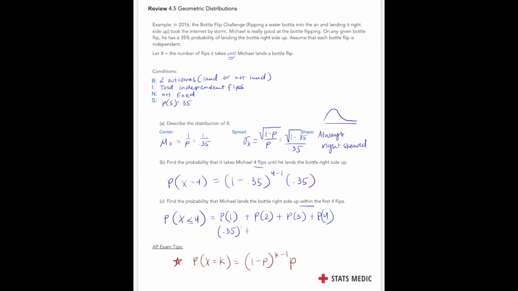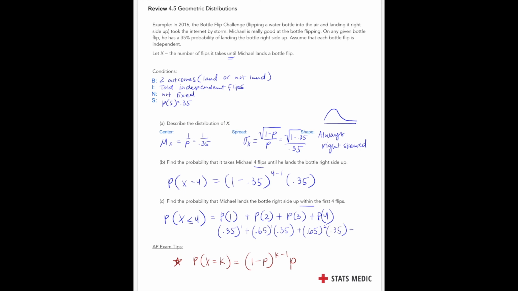If I want it to succeed on the second flip, but not the first, which is going to represent the second term, I want it to fail on the first time, but then on the second time, I want it to succeed. And then continuing forward, I want it to fail 2 times first so that on the third time it could land.